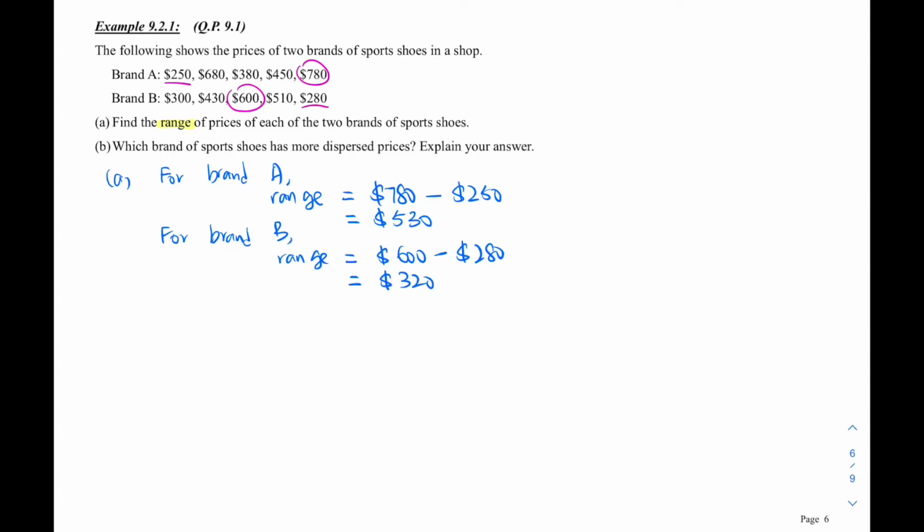Now for part B, it is a simple explain-your-answer question. Which brand has more dispersed prices? So you look for the one with the larger range.